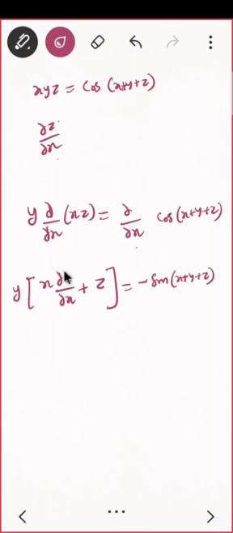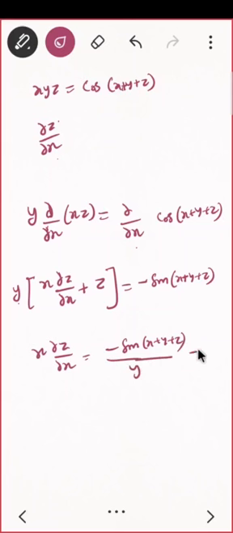So if you want to find ∂z/∂x at a particular value, this will be helpful. x ∂z/∂x will be minus sine of (x plus y plus z) divided by y, and that will be minus z, and you can write divided by x also. That's how.